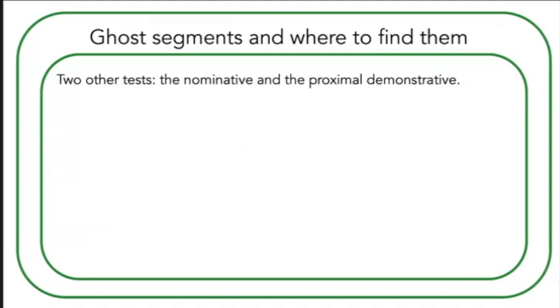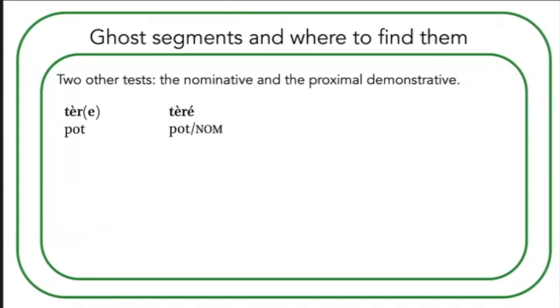We have to use other things. We have to use other types of marking. So these are the types of marking that can disambiguate between these forms. So we have the nominative marking, which replaces the tone pattern of the noun.